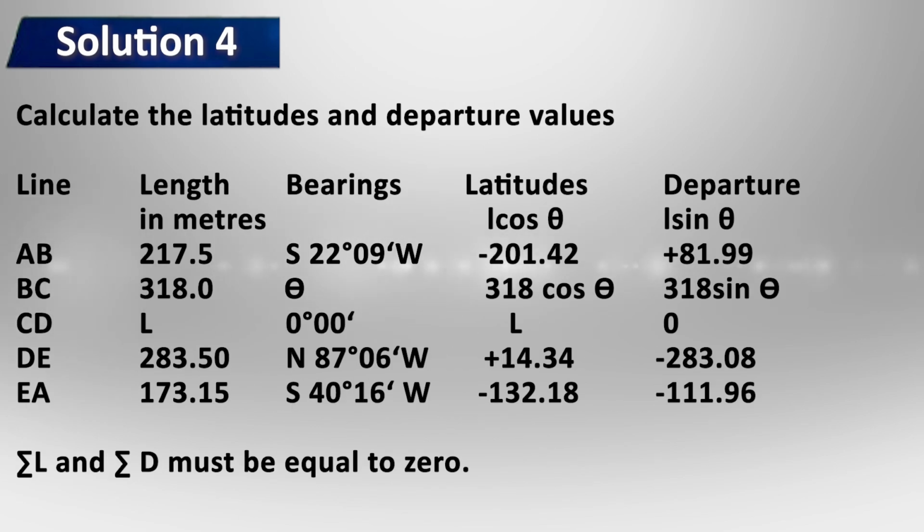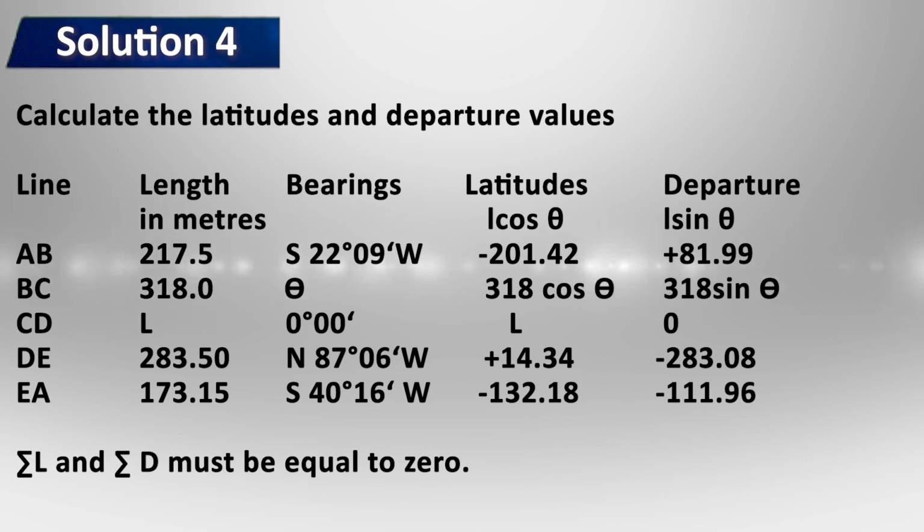Now that the bearings have changed, the latitudes and departure values will also be changed as per the new references. So again we will go back to the table and calculate the values of latitudes and departure. Now we will find the latitudes of the lines from the known lengths and bearings.